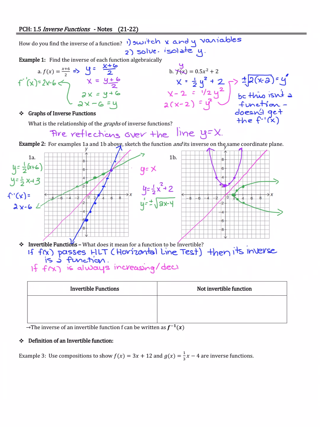In other words, no turnarounds. If that's true, then it would also pass the horizontal line test, which means the inverse would be a function. So if f of x is always increasing or decreasing, then its inverse is a function.